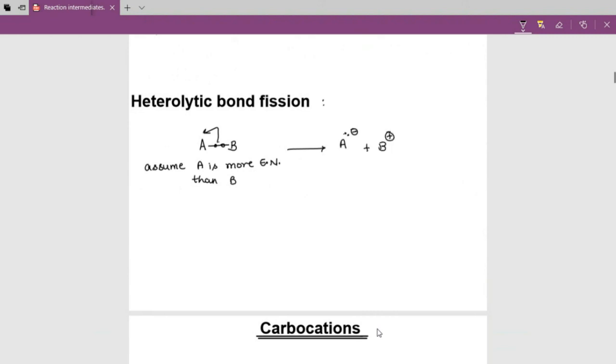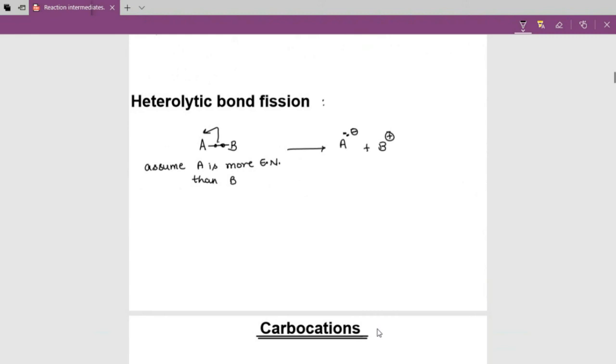I'm writing two electrons but putting one minus only, because one electron was originally from A only, so no further charge accompanies it. Is it clear that I'm writing two electrons but the charge is only one? Only one electron came from B, the other was originally A's, so a charge imbalance of -1 is created on atom A. So A minus and B plus.